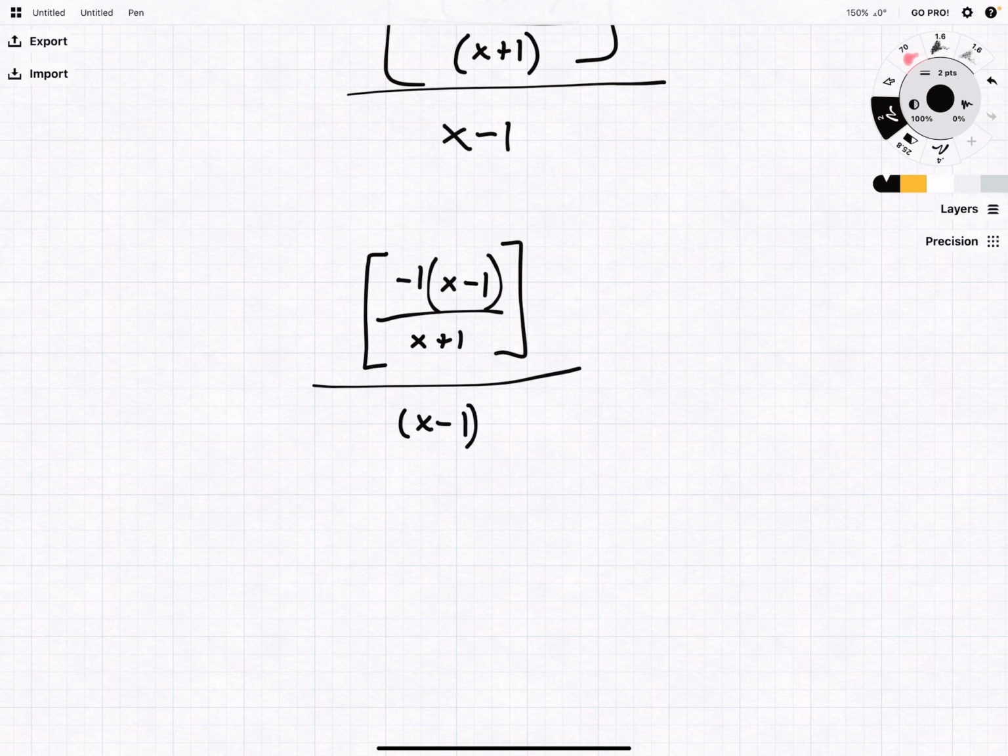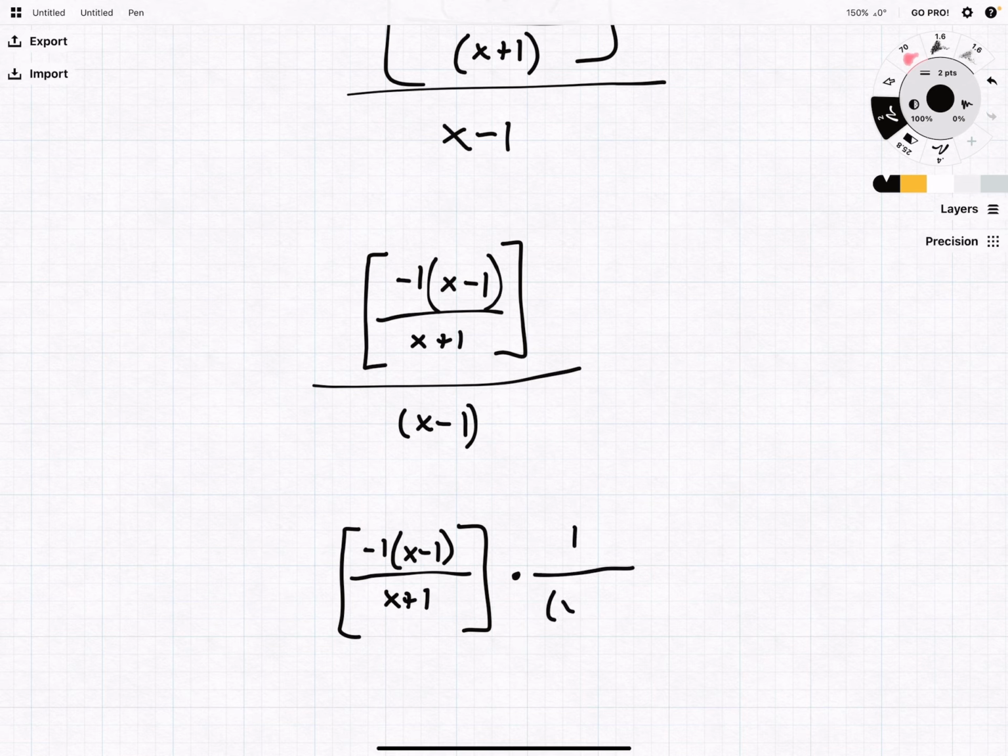Now remember, when we are dividing, if you divide by something, it's the same as flipping it and multiplying by it. So now we're going to have negative 1 times (x minus 1) all over (x plus 1), multiplied by 1 over (x minus 1). And here we can see we have a term that we can cancel out.